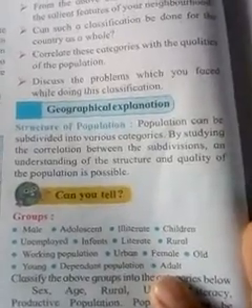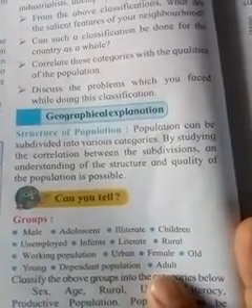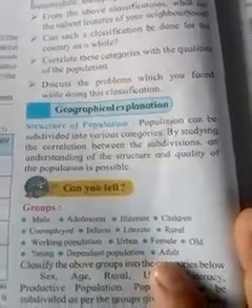The second point is the structure of population. The population can be subdivided into various categories. By studying the relationship between subdivisions, understanding the structure and quality of population is possible.